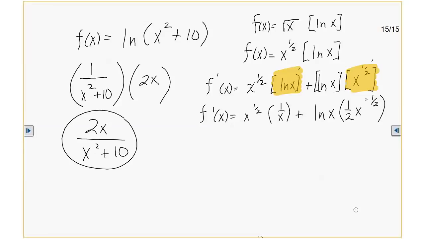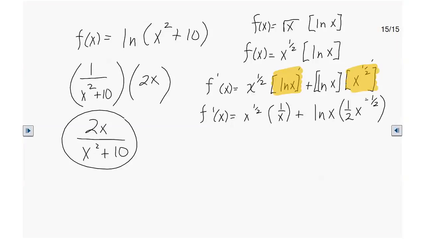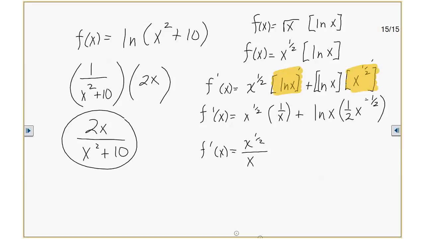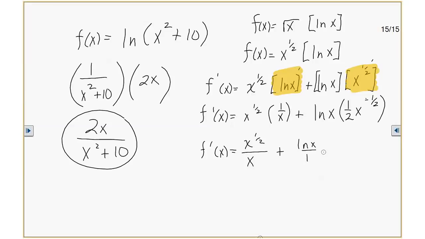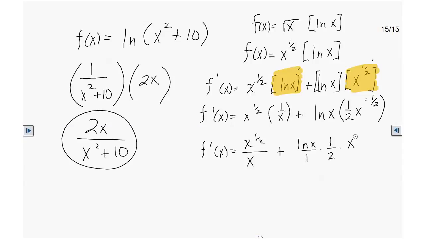Now clean it up. That's going to be f prime of x is equal to x to the 1/2 over x, which you can clean up a little bit more, plus, well, before I do this, I like to rewrite it: natural log of x over 1 times 1 over 2 times x to the negative 1/2 over 1.